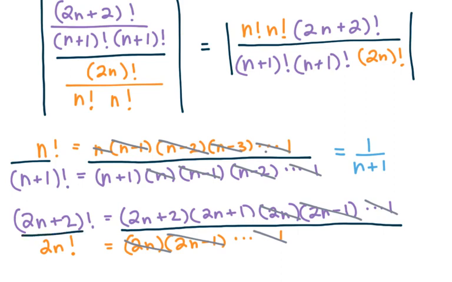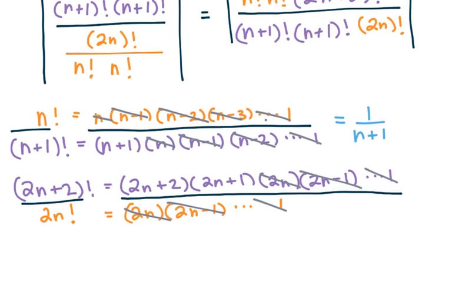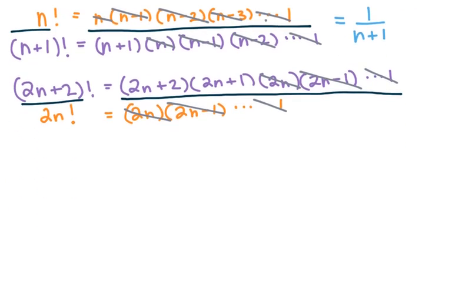So this ratio is actually going to be equal to 2n plus 2, 2n plus 1.